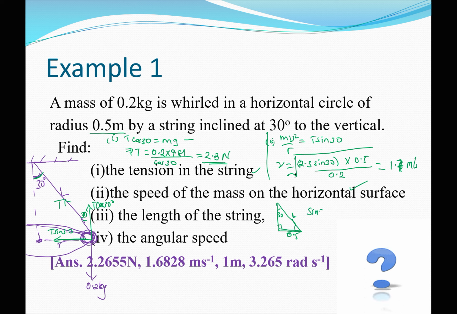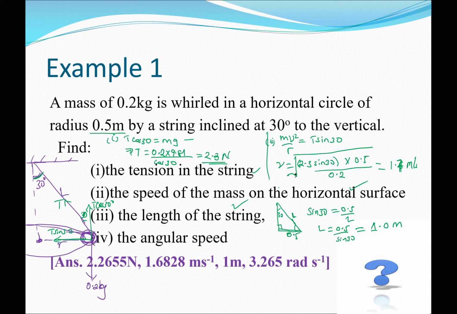So sine of 30 is equal to the opposite 0.5 over the hypotenuse, which is L. So L is 0.5 divided by sine of 30. Of course, sine of 30 is 0.5. So here the answer is going to be 1.0 meters. So the length of the string is 1.0 meters.